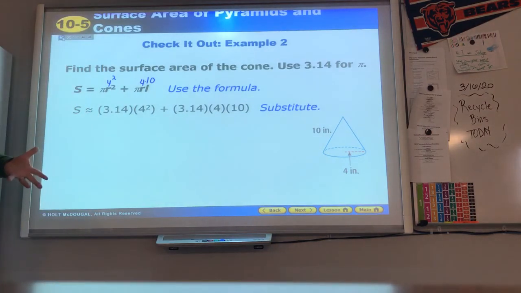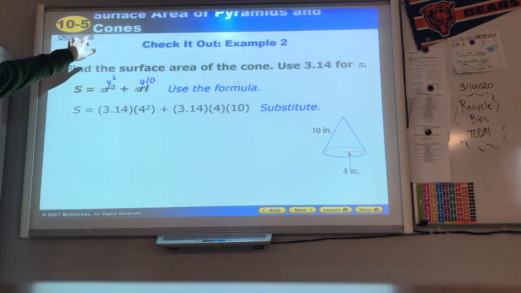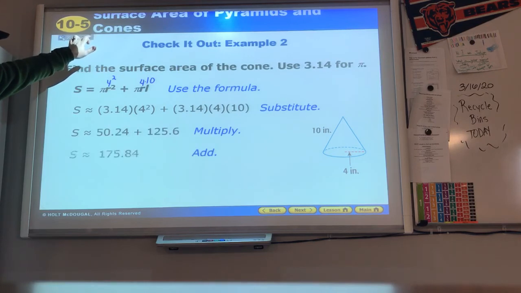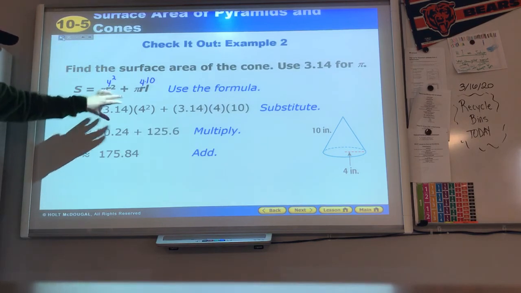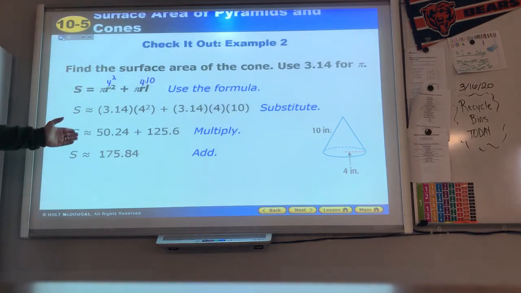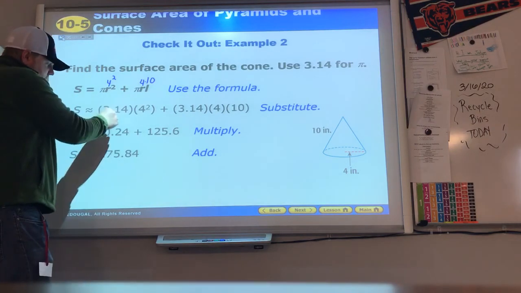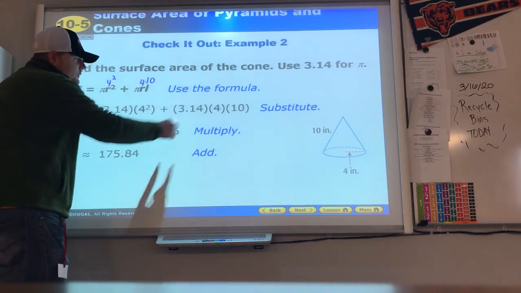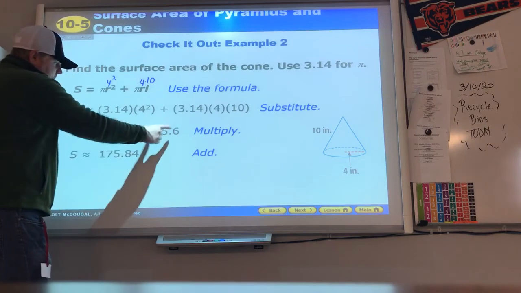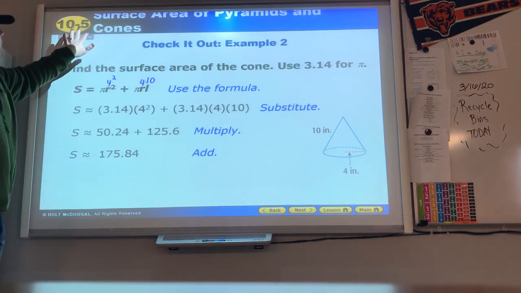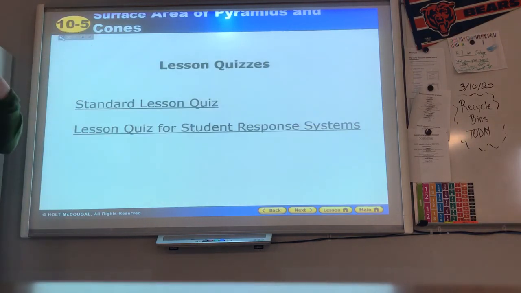We're literally plugging numbers in, then doing the math. When we multiply those two together, we get 50.24. 16 times 3.14. 40 times 3.14. Add, and we get our items. Cones, if you will write out the formula and plug things in, you'll find they're not too bad.